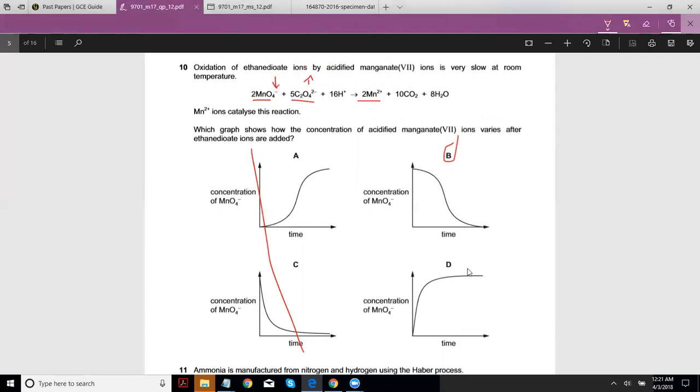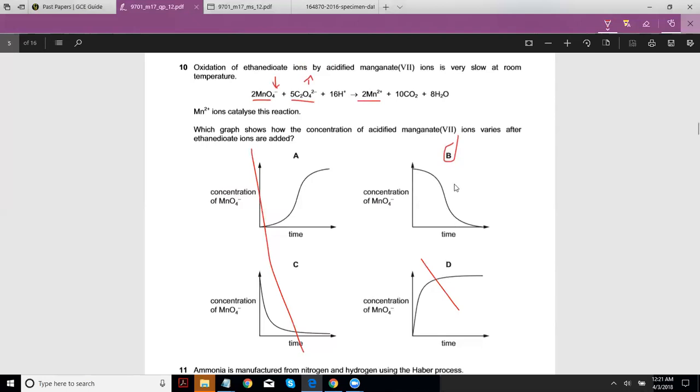But the idea is rate is again change in concentration over time. So the idea over here is just to look at the gradient, and the steeper the graph, the more the gradient, I'm just not taking the signs into account, the more the rate. Otherwise there's no tension here, because D is also clearly wrong, because concentration shouldn't increase, it should decrease as it's getting used up.